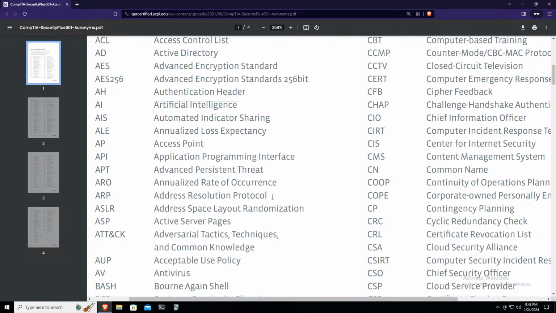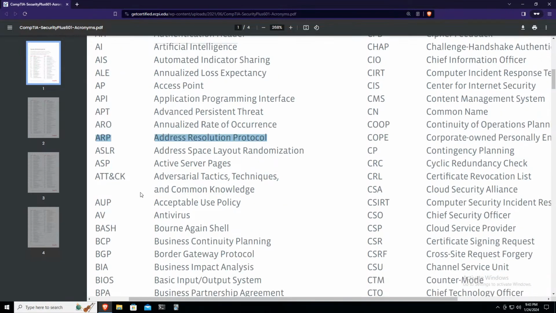The protocol portion I'm not too familiar with, but this is definitely one I'll want to read up on and try to think of examples for. Typically there's a server running and then there's a client connected to that server and you get the resolution to that server. But there could be more to that, or I could just be wrong. So we'll do some more reading on this one.